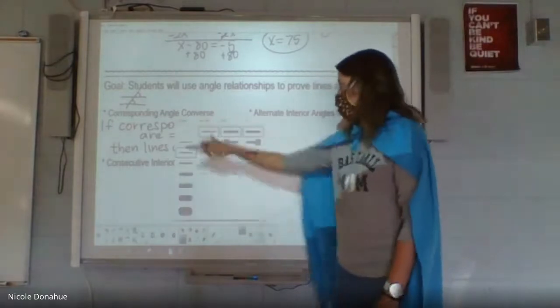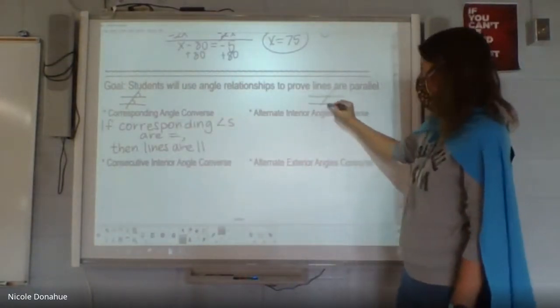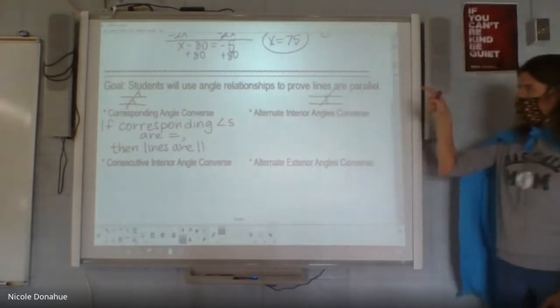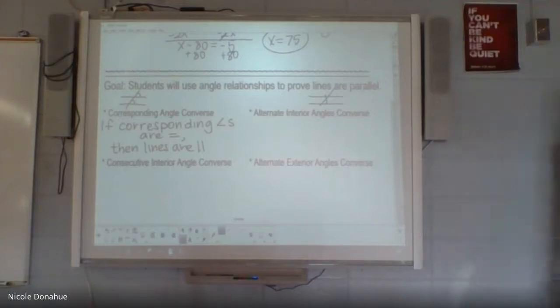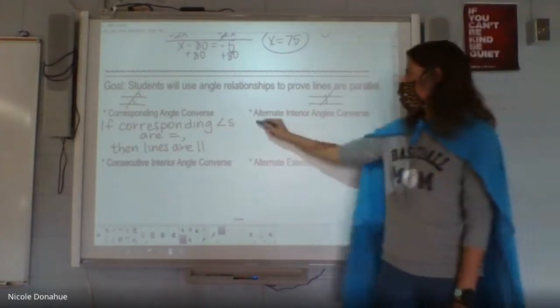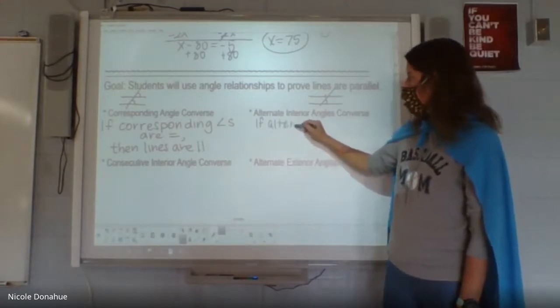The next one, similar idea here. Alternate interior angles. Remember, I always think they make a Z shape, a little zigzag. So if alternate interior angles are equal, then the lines are parallel.